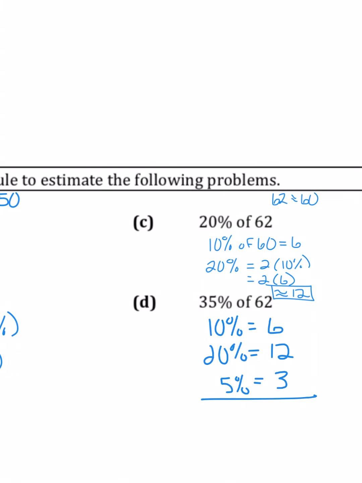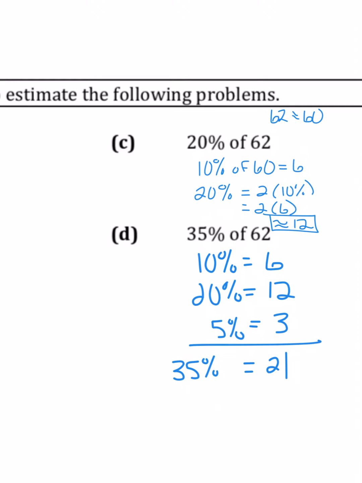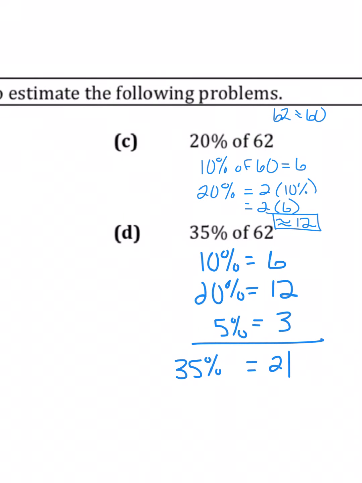So what I could actually do to find 35% is add all of these up, 10 plus 20 plus 5, and get an answer of 21. So my answer for 35% of 62 would be approximately 21. So you can use the previous percentages you found or break it down like that as one strategy. Of course, there are other methods to estimate, but this is one strategy that often works well.